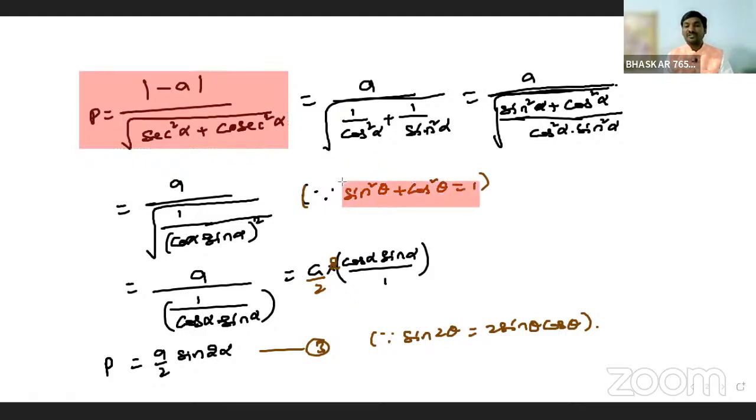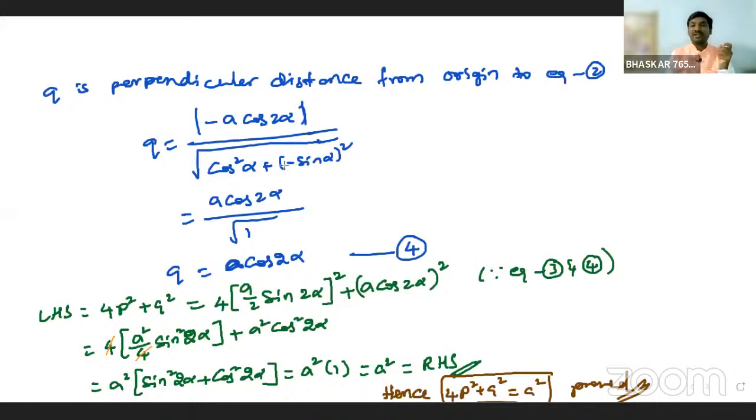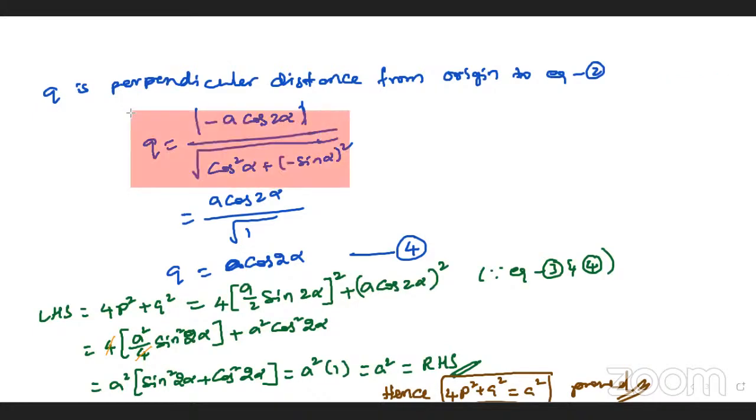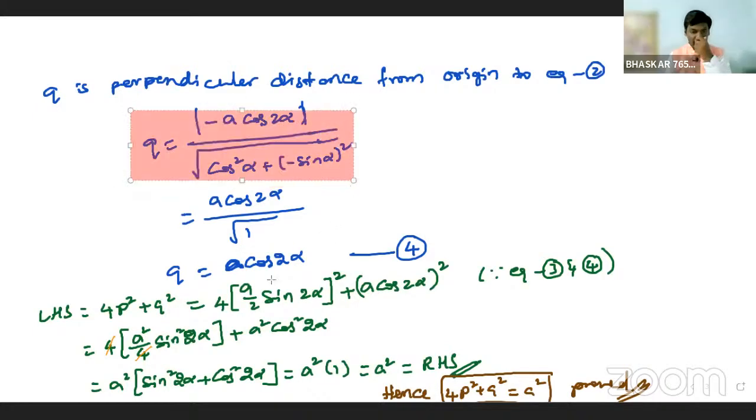We substituted and used the identity sin square theta plus cos square theta equals 1, and the sin 2 theta formula, 2 sin theta cos theta. Once again we used sin square theta plus cos square theta, and taking q is important, then substitution and simplification. So finally we get the answer. Here also we used sin square theta plus cos square theta equal to 1. These are the major steps here.